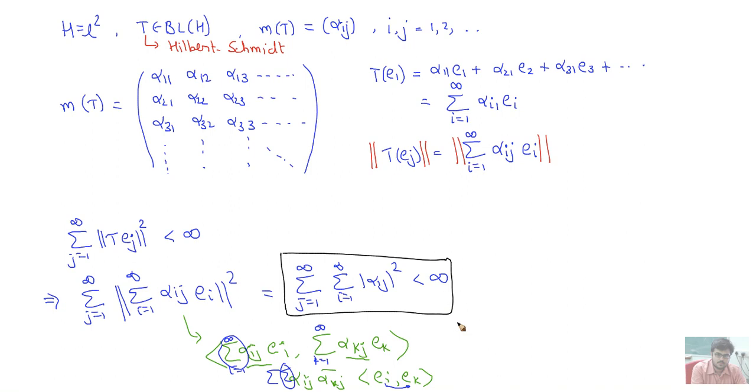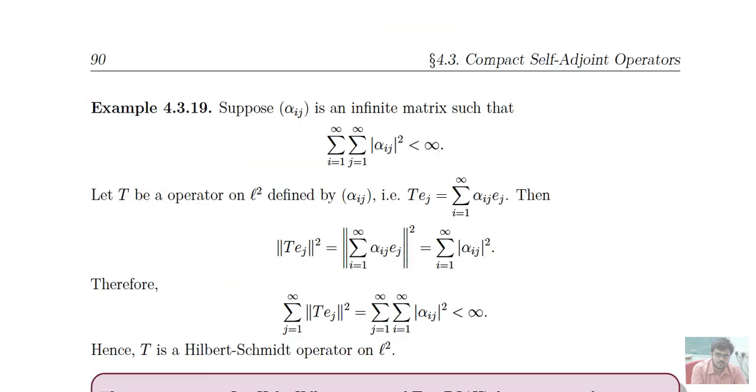So this is what is actually given here. Let me show you. Here I have directly given the condition first, and then I have written that T is a Hilbert-Schmidt operator, so alpha ij is a matrix of T, and T is an operator on L2. So if alpha ij satisfies this condition, then we can check that norm of T ej square is nothing but the inner product with itself, and then verify that this will give you this term.